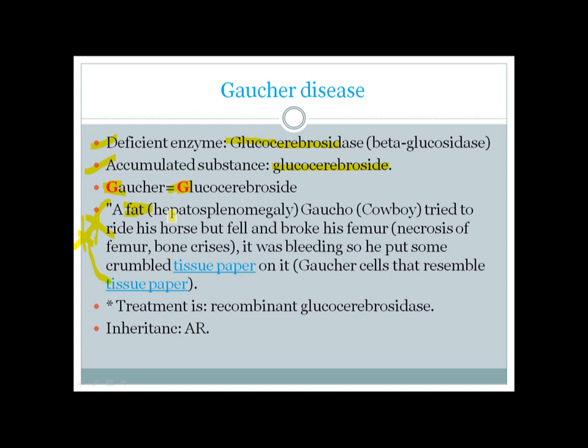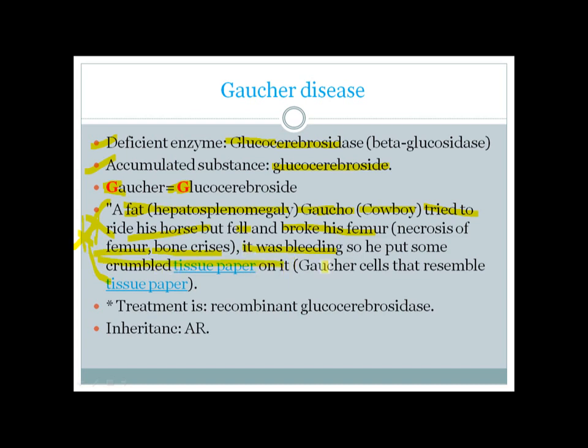Gaucher, fat meaning hepatosplenomegaly, Gaucher, which is actually a cowboy in some instances. A fat gaucho who likes to eat sugar, which is glucose, tried to ride his horse but fell and broke his femur, meaning necrosis of the femur and bone crisis. It was bleeding, so he put some crumpled tissue paper on it.